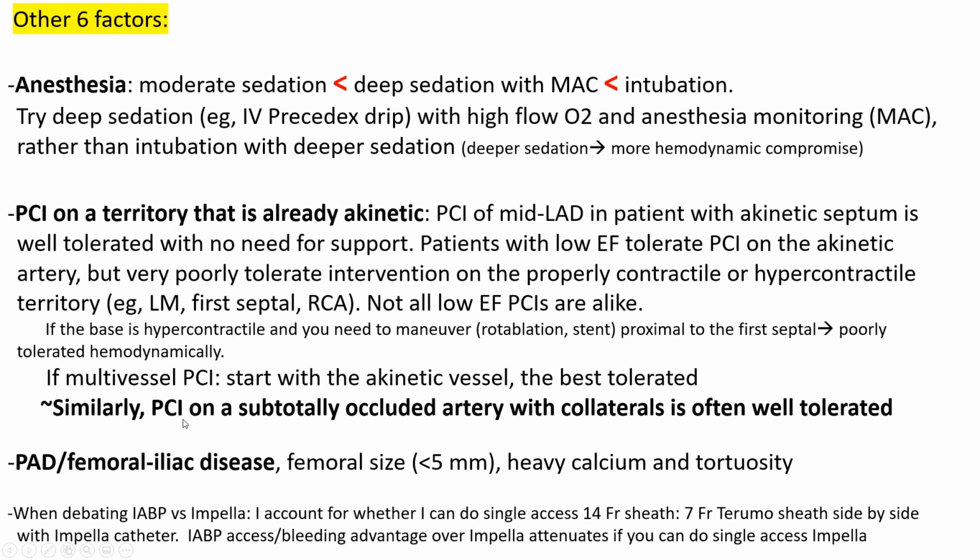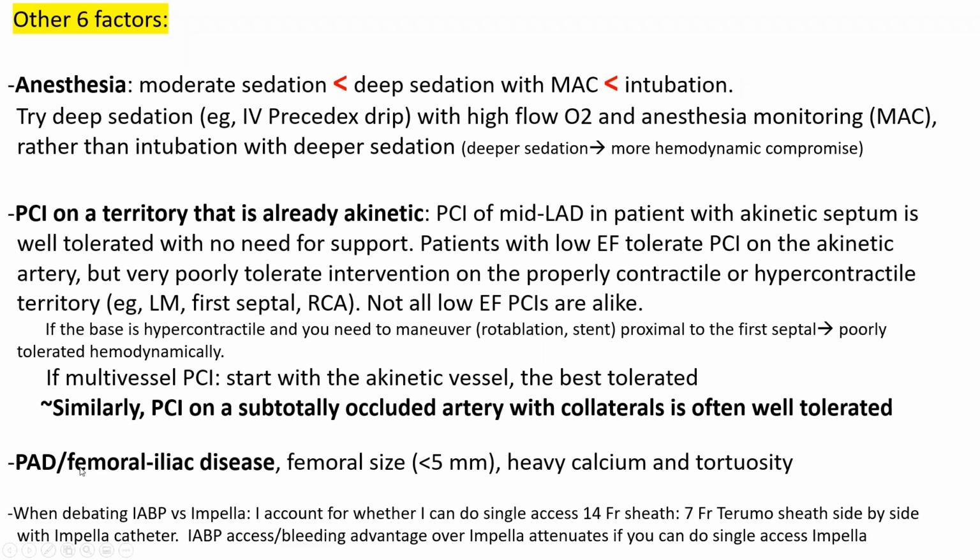Similarly, PCI on a subtotally or totally occluded artery, antegrade fixing of that artery, is well tolerated. So PCI on a subtotally occluded artery with good collaterals, especially grade 3 collaterals, is often well tolerated because the patient is already tolerating poor flow in that territory at baseline.